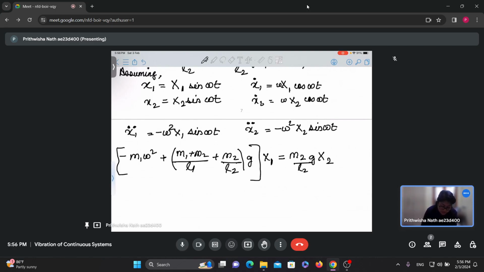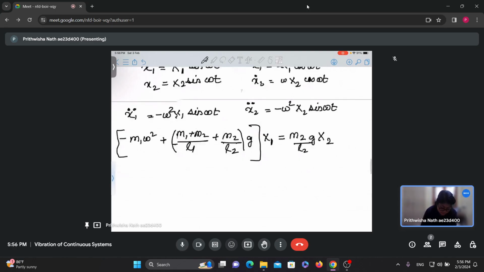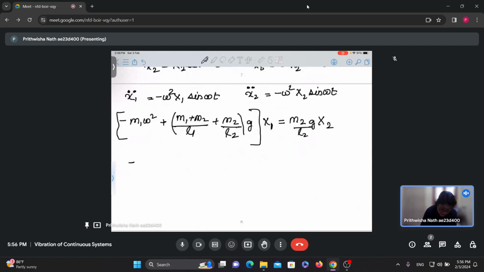Similarly, for the second equation, what we get is minus m2 omega square plus m2 g by L2, into x2 divided by m2, equals m2 L2 g x1.